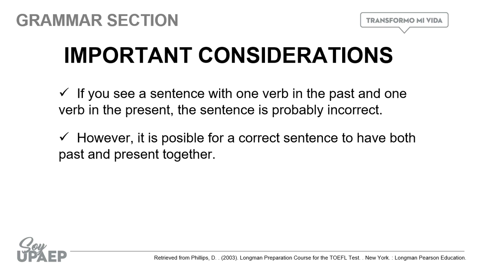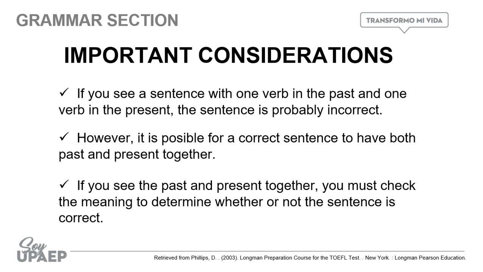However, it is possible for a correct sentence to have both past and present together. As I said, you have to really analyze the meaning of the sentence in order to determine if the combination is correct or incorrect.